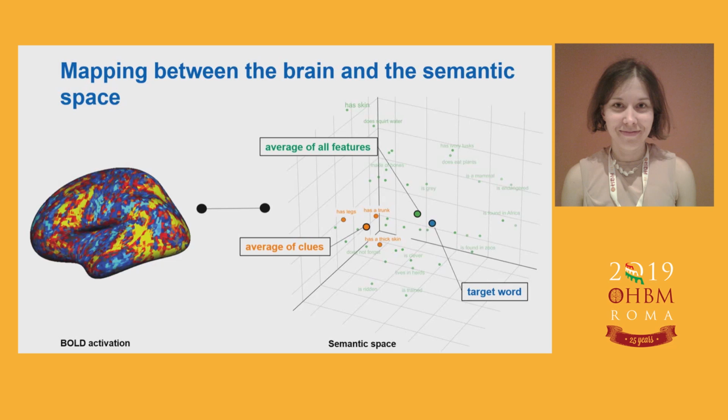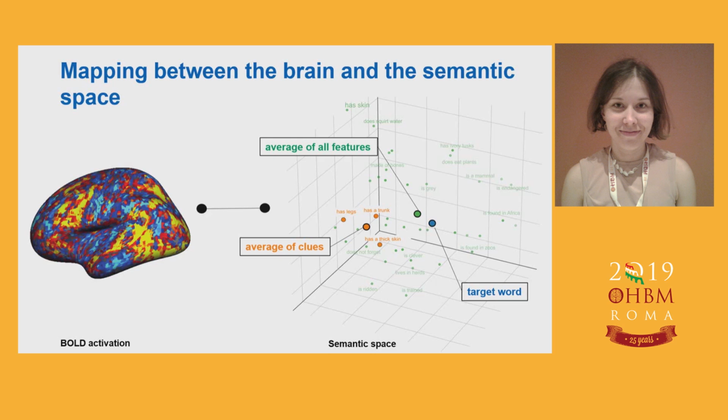And we took advantage of this feat to formulate our question into a machine learning problem. And we asked which semantic coordinates result in the best mapping with the fMRI data.